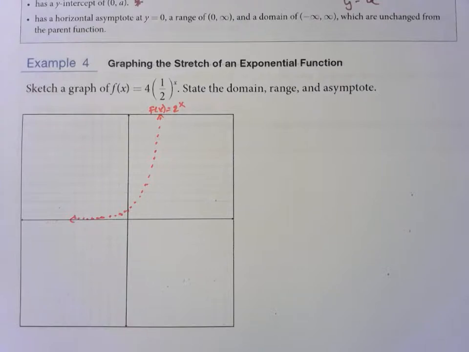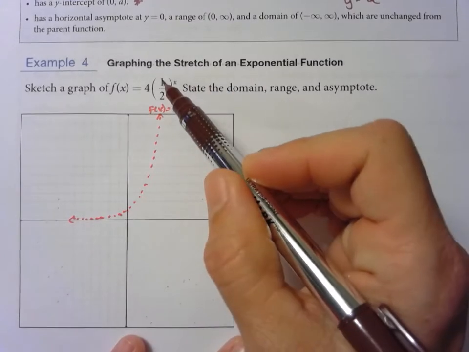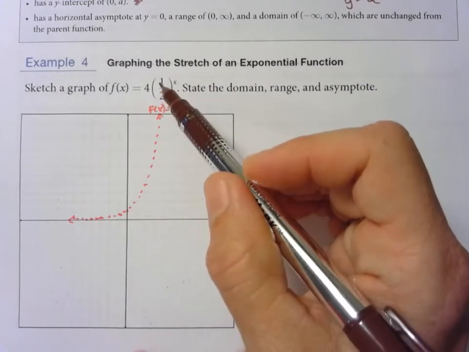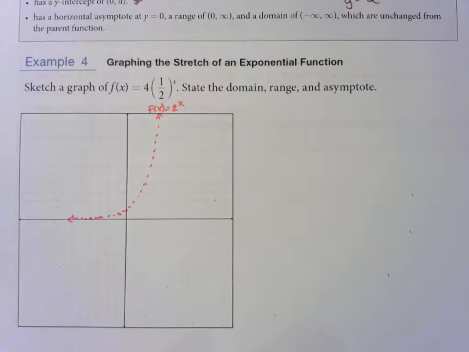We want to sketch the graph of f of x, state the domain, range, and asymptote. Well, what are all of these little things doing? Let's list our transformations. This is your b. What happens when b is between 0 and 1?